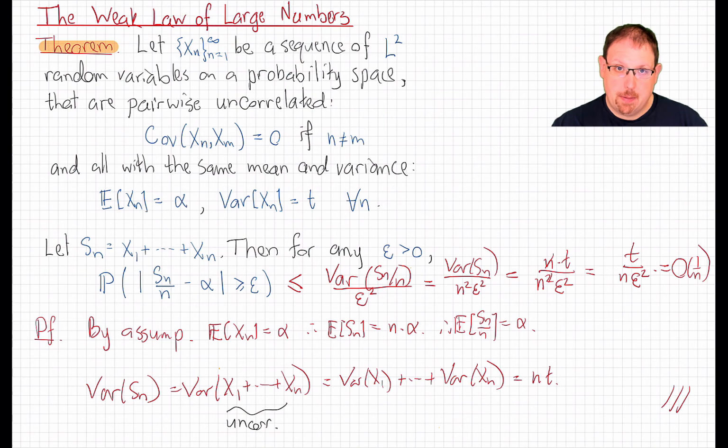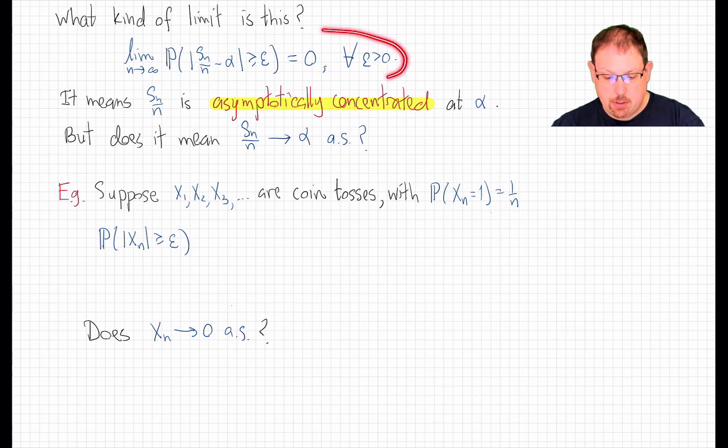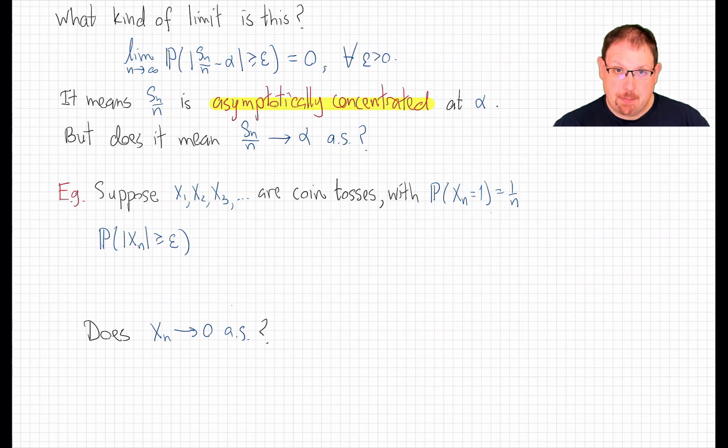Let's talk a little bit about that concentration of measure type convergence. What we've shown here is this concentration of measure property. But what kind of limit is this really? It's an asymptotic concentration kind of limit. But does it mean something fundamentally different than convergence of this random variable to that constant value, almost surely, or some other way that we're used to understanding?